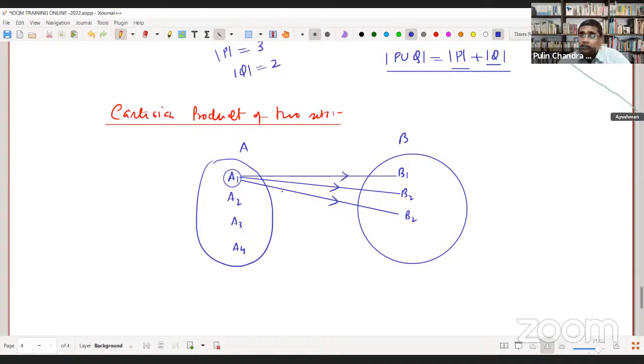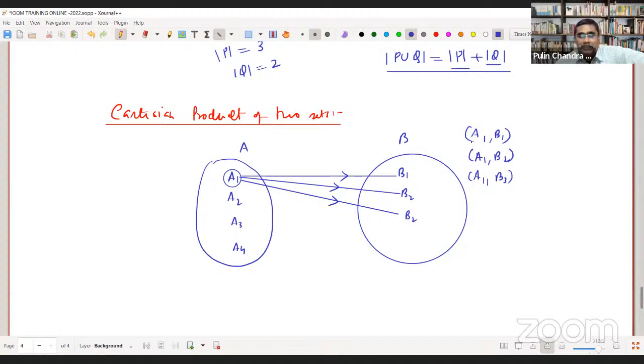How many must they meet? A1 going there will meet how many friends? 3 friends. Whenever they meet, I will write a symbol: A1 has met B1, then A1 has met B2, then A1 has met B3.